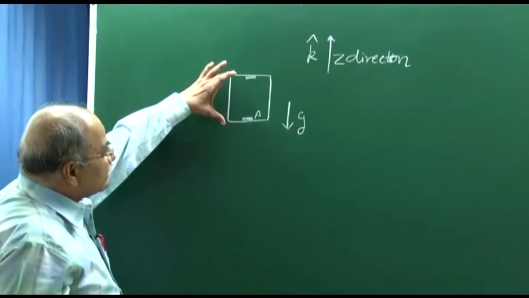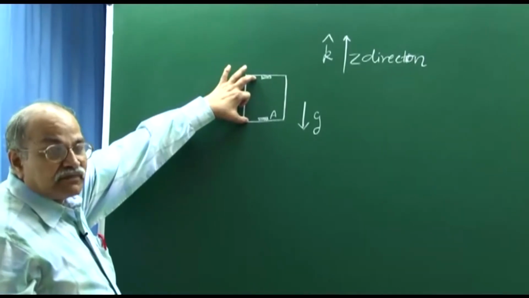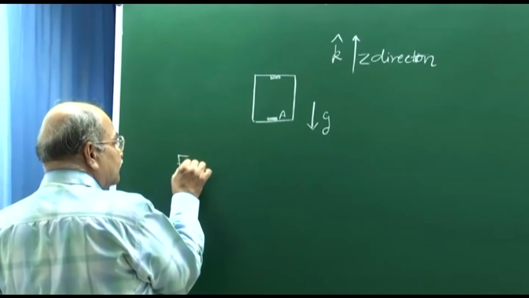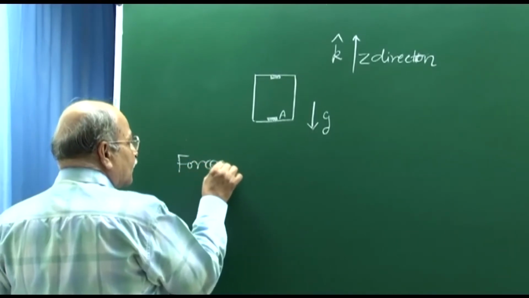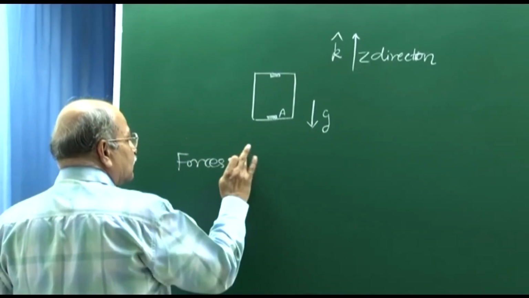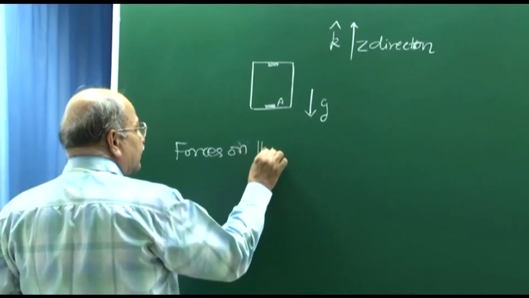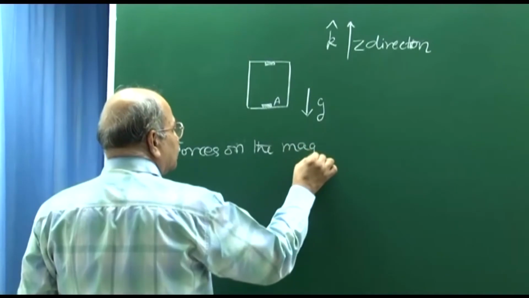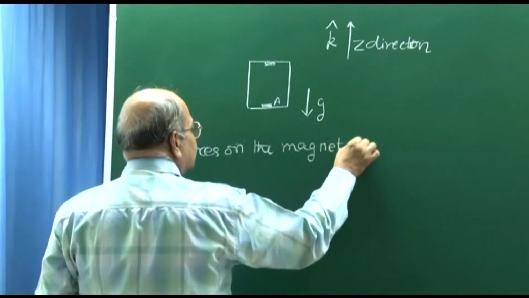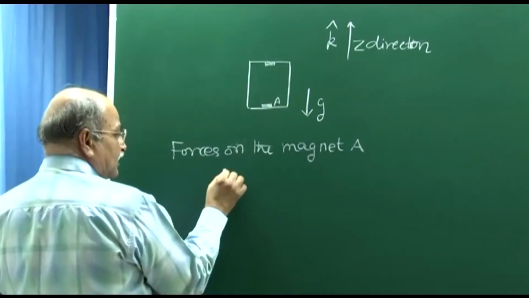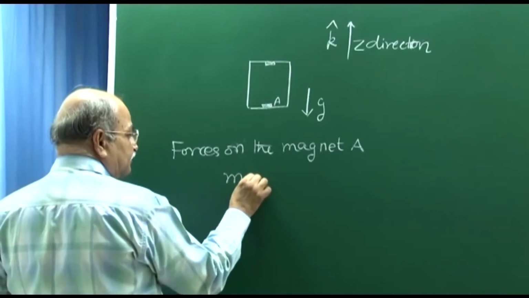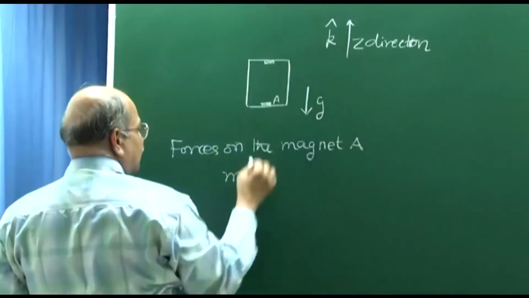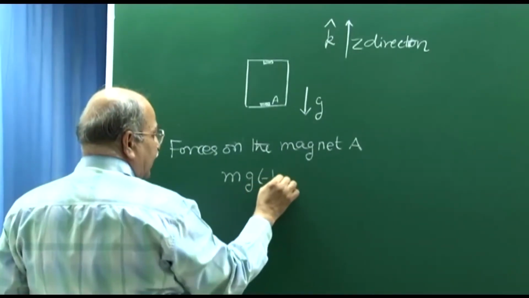And now I will analyze this from the box frame. So, forces on the magnet A. What are the forces? Weight mg, which is in downward direction, and we have taken z direction upward, so minus mg k cap.